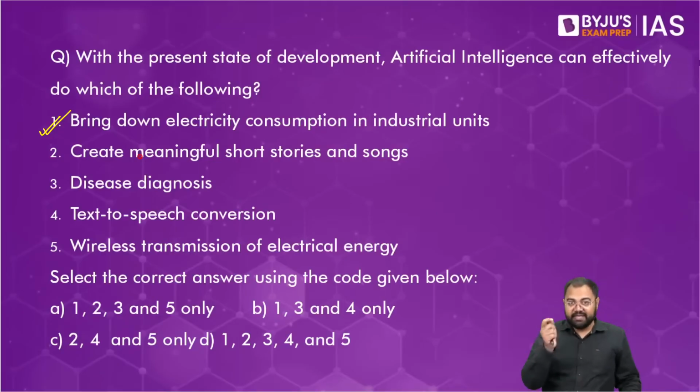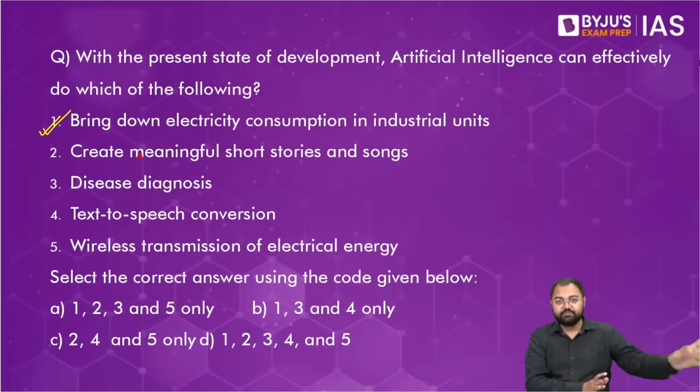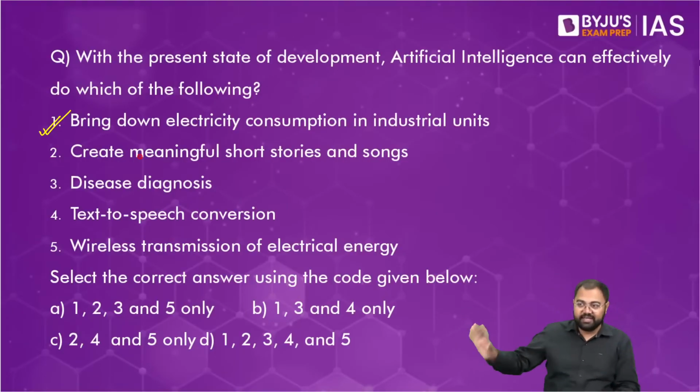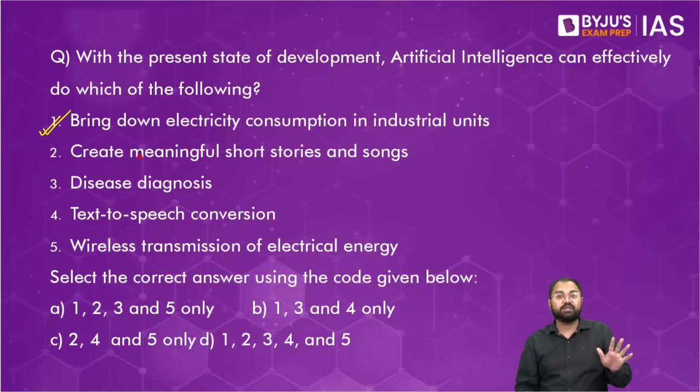When an AI-based system analyzes and understands all this data, it would be able to optimize energy usage as well. Let's say at 5 p.m. you need industrial unit B to have more power compared to industrial unit A, and at 7 p.m. all the electricity needs to switch off. All these things can be done with the help of AI, because you'll have a better grip on the data and be able to take decisions accordingly. So that's why one is correct.